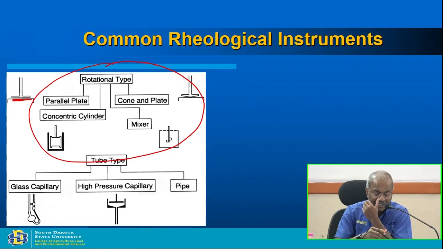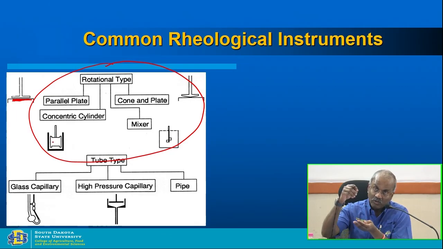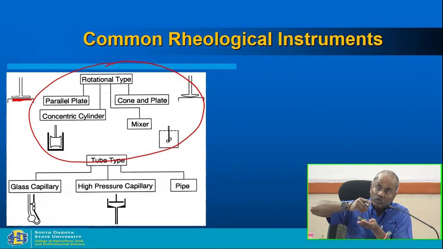Besides parallel plate, you can also have a concentric cylinder. We'll talk more on this in this session. Basically, you have a cylinder and your rotor there. Your sample to be tested is placed inside the cylinder. You lower the probe and then rotate it, so the probe will be shearing your sample against the cylinder.